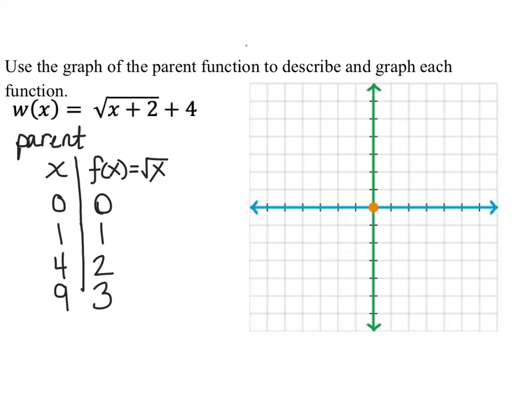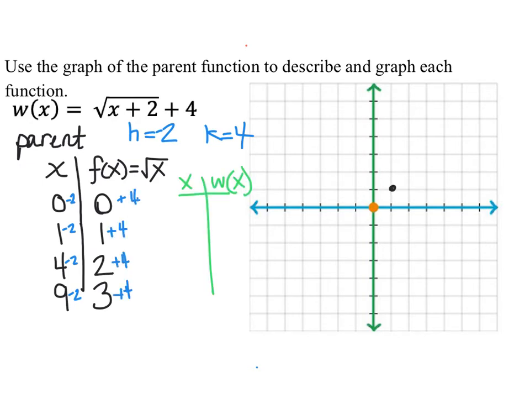And this time I have two things happening. My h value this time is, again, counterintuitive. My h is -2. And my k value is 4. So I need to subtract 2 from each of my x's, and add 4 to each of my y's.